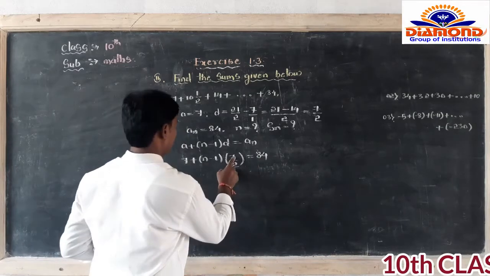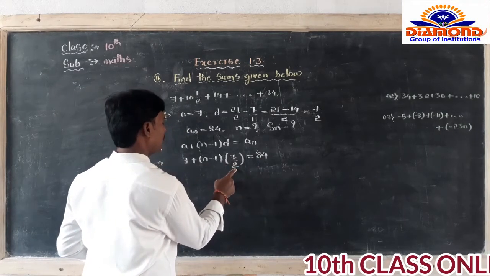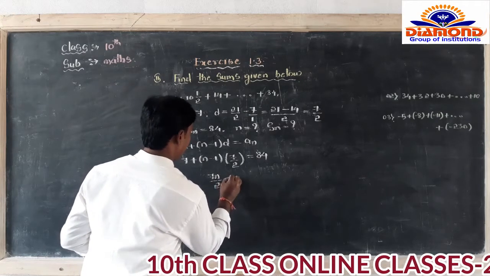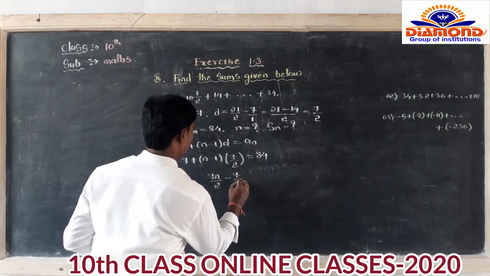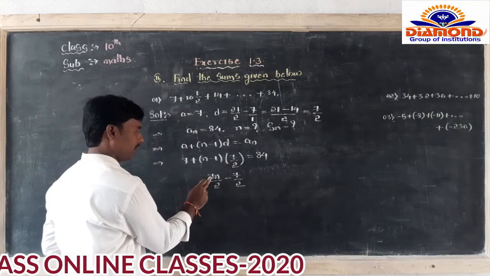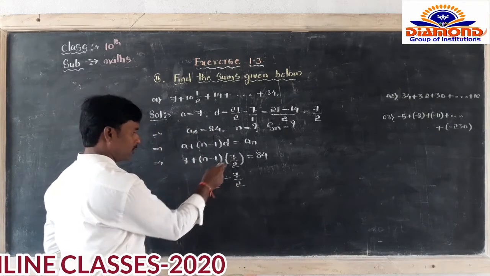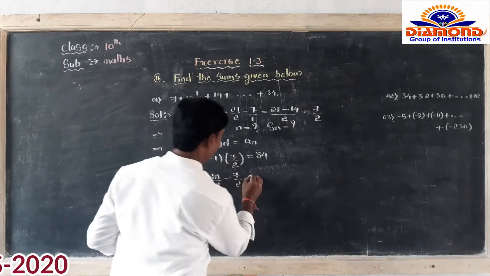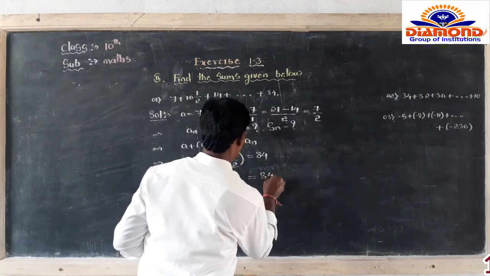Then 7 into 7 by 2 into n is 7n by 2, and minus 7 by 2 into 1 is 7 by 2, equal to 84, and minus 7.